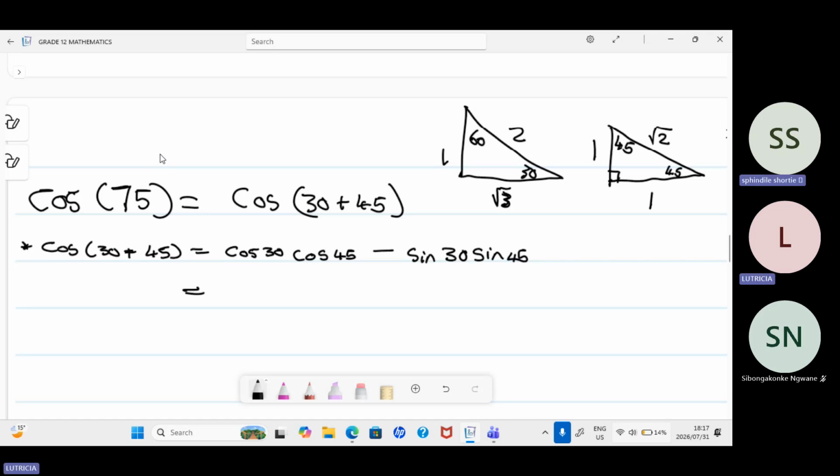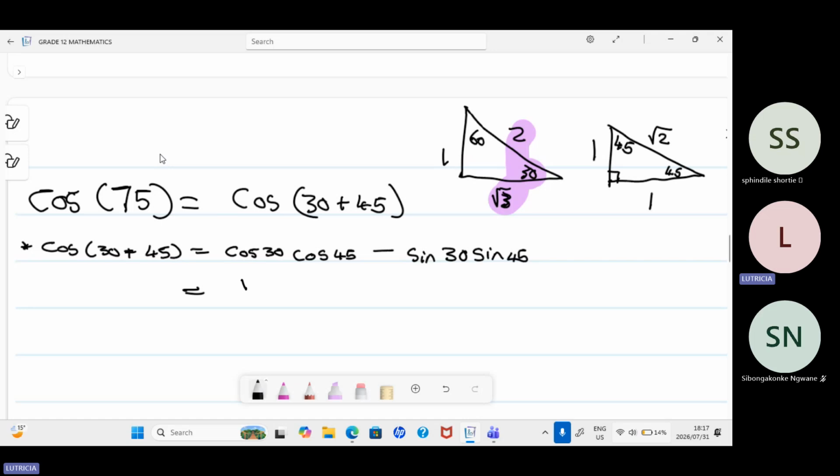I'll go to the triangle where there's angle 30 first. And since cos is adjacent over hypotenuse, my adjacent side will be root 3 over 2.